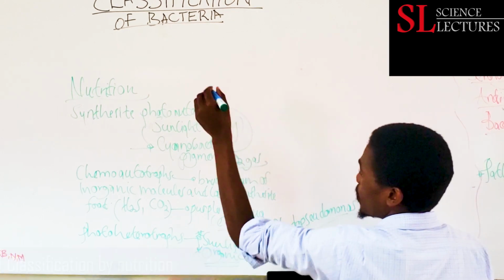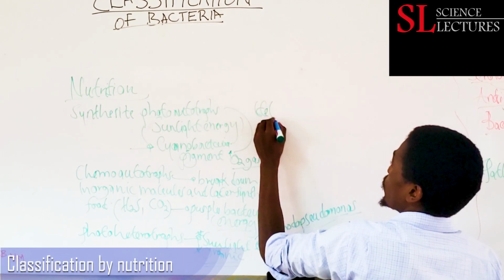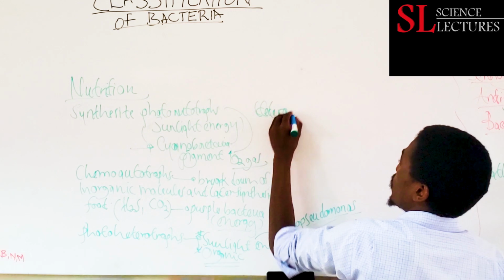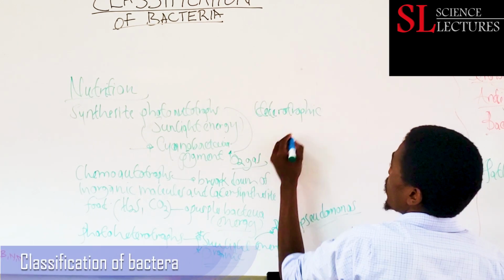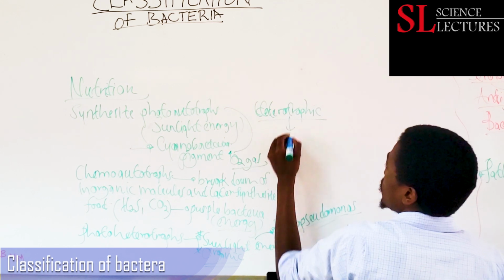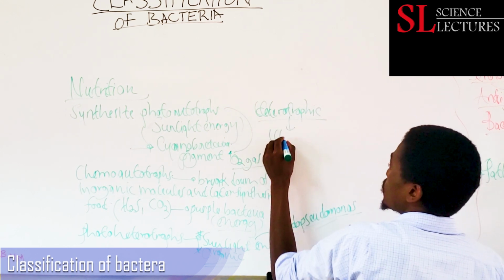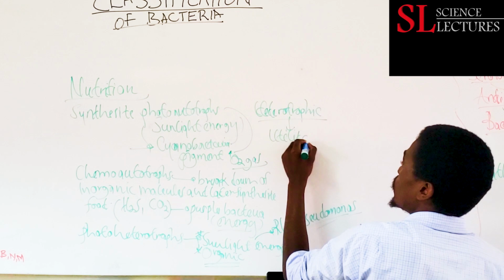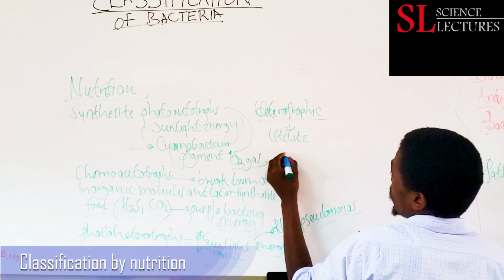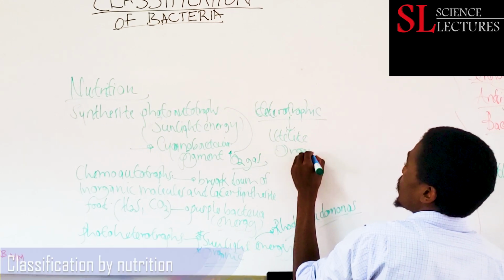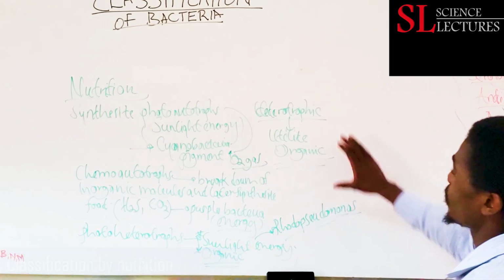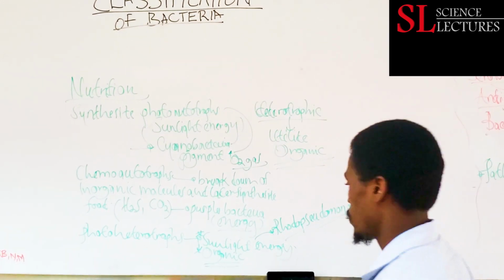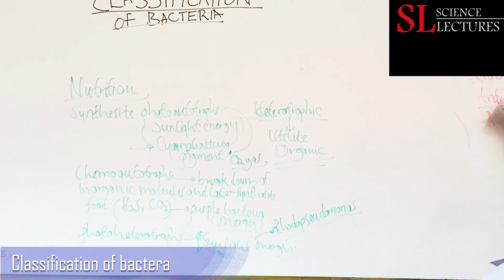Finally, we can have bacteria that are heterotrophic, and most of the bacteria fall under this category. These bacteria will just consume the available organic material in order to generate energy for their survival.